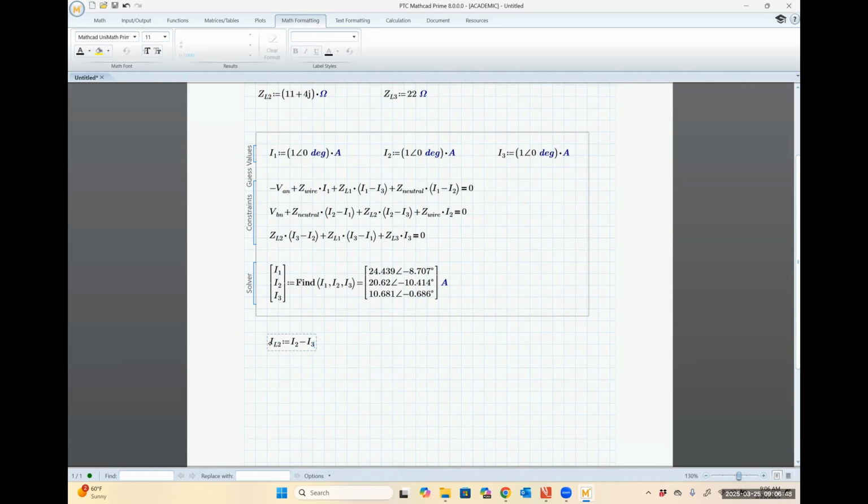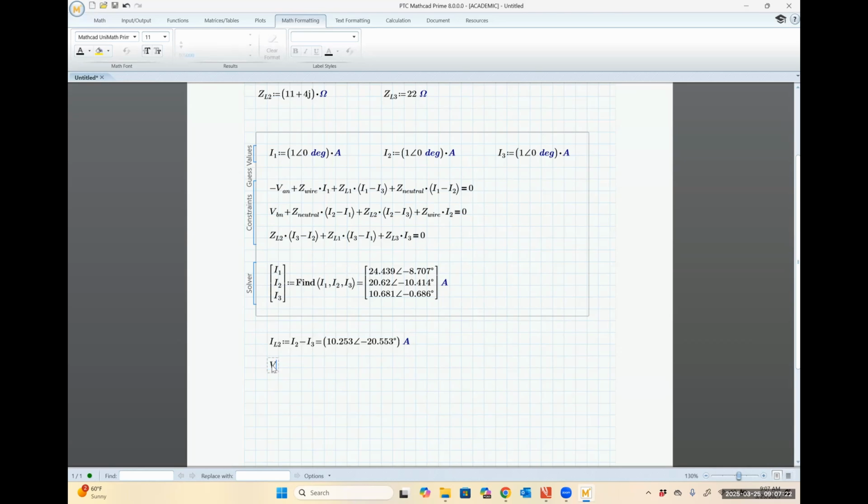What equal sign are you using? The one with the plus sign over it. But are you doing control equals to make it look boldface like this? No, you need to use that control equal. That's how that works. Okay. So IL2 is I2 minus I3. And then I'm just going to press a regular equal sign here. So it'll give me a number, 10.253 angled negative 20.553 degrees.